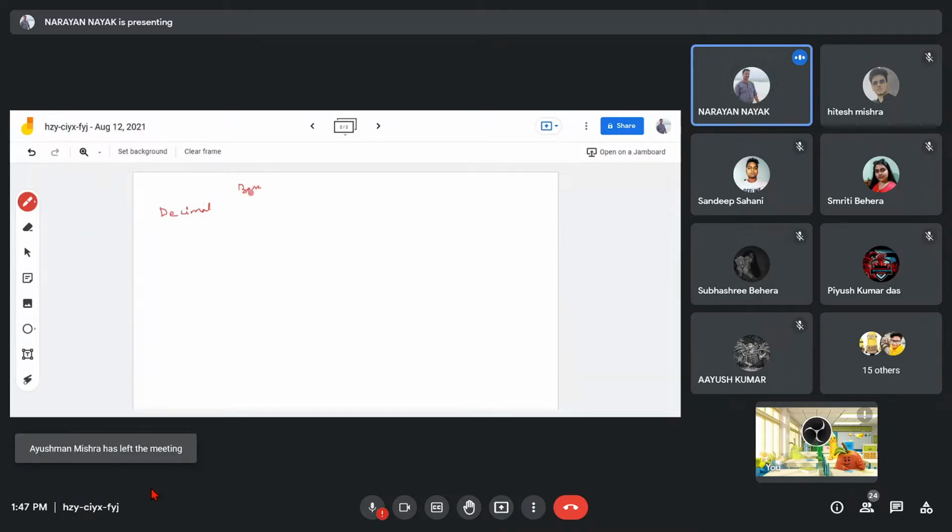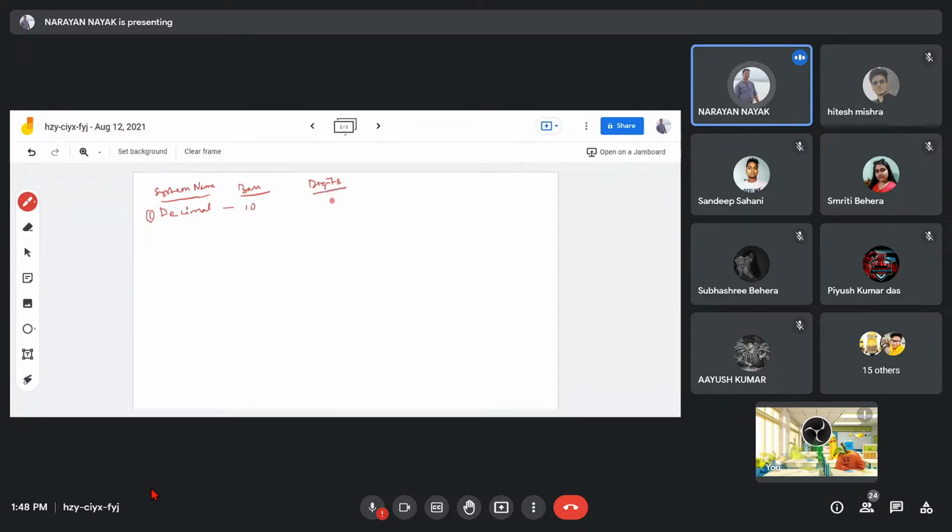Let us say this is the system name, which number system? The number system is decimal, and the base is 10. What are the digits we have to use here?